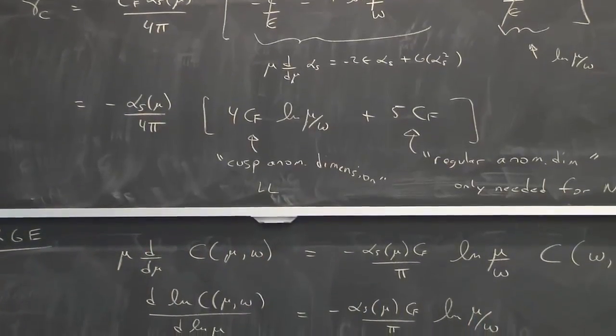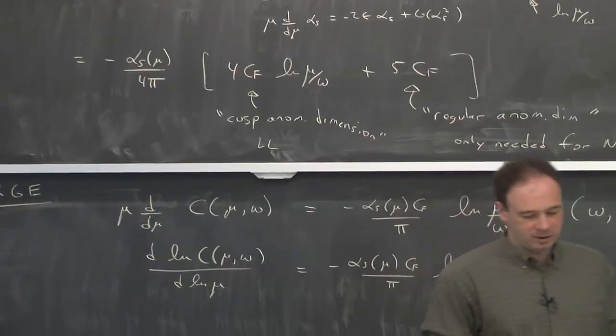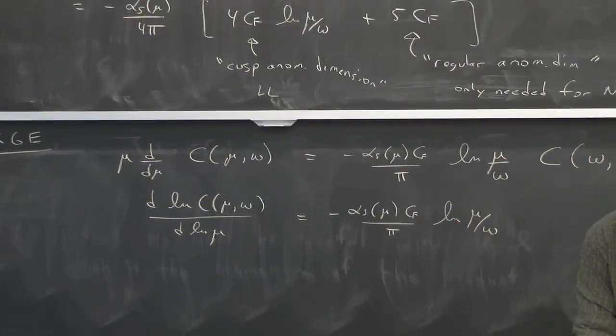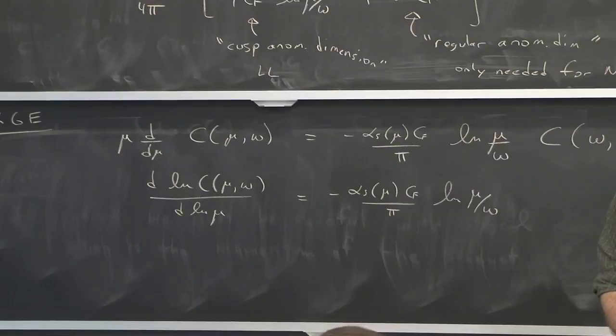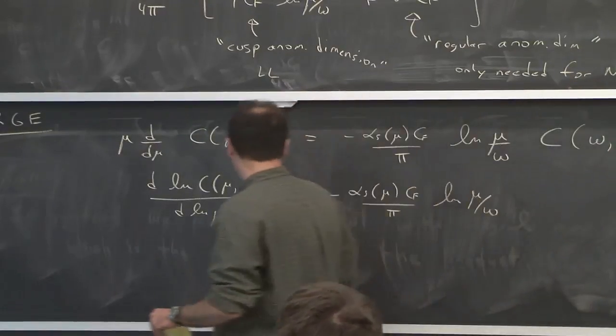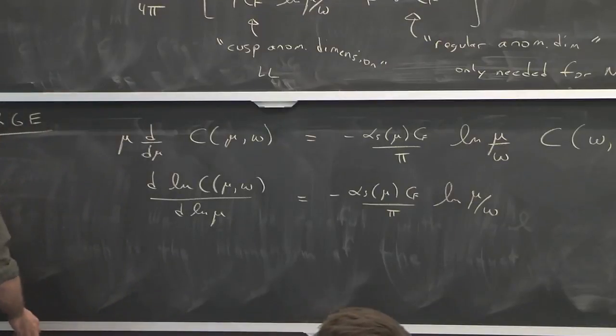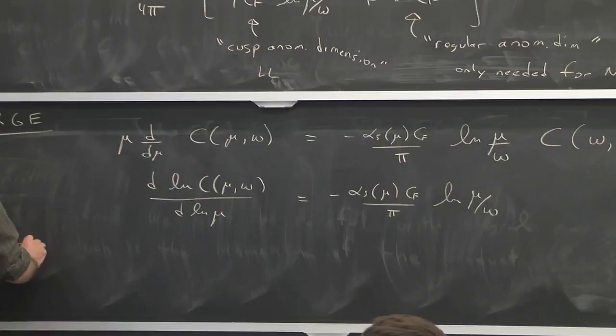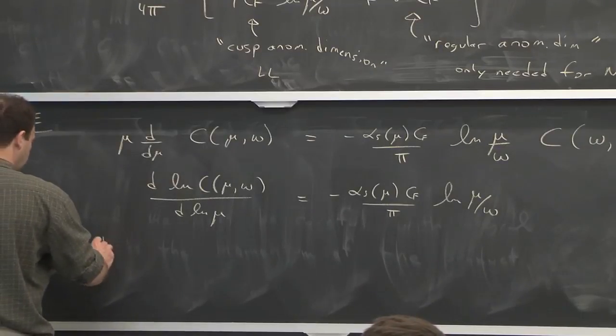And that's an equation that we can basically just integrate, since there's no C on the right-hand side. It's a homogeneous equation. We can integrate it with some boundary condition. So we could specify the boundary condition at an arbitrary scale.